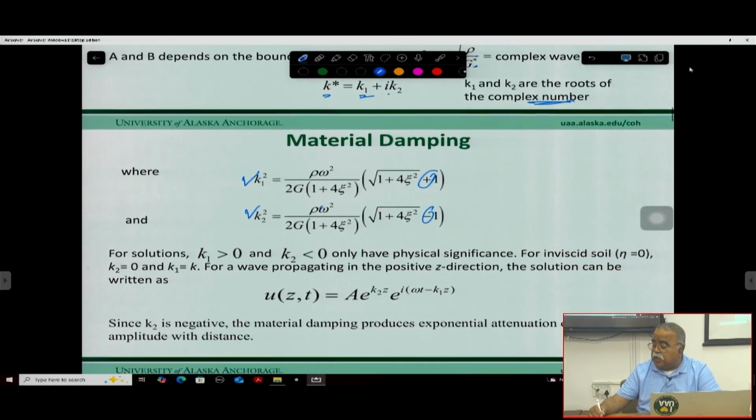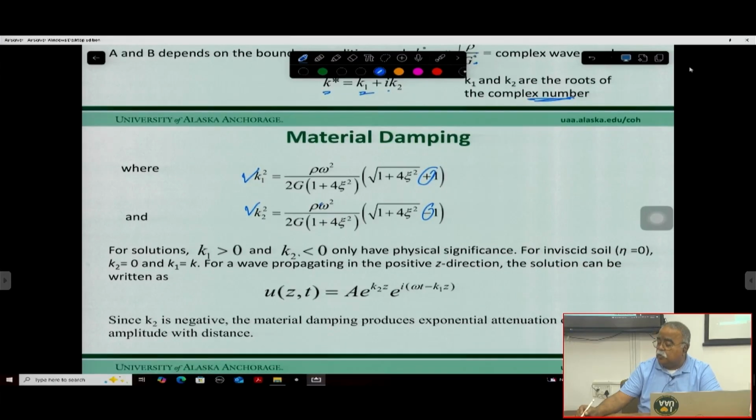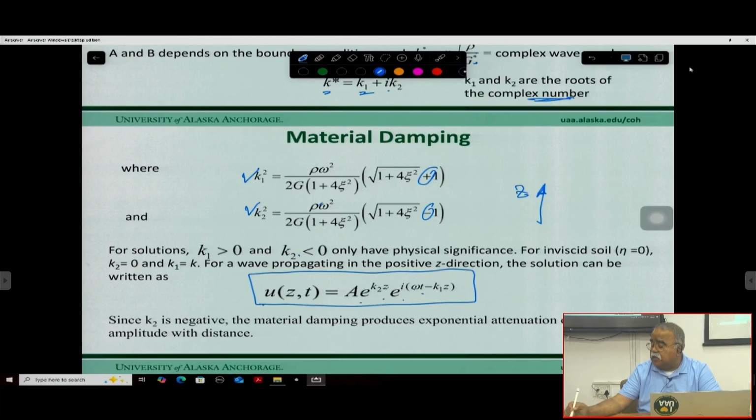So if your k1 is greater than 0 and k2 is less than 0, we have this equation for the wave propagating in a positive g direction, right? So this equation is e to the power k2 g and e to the power iωt minus k1 into g. So k2 is negative.